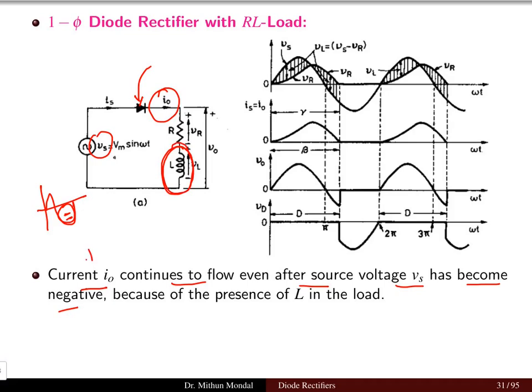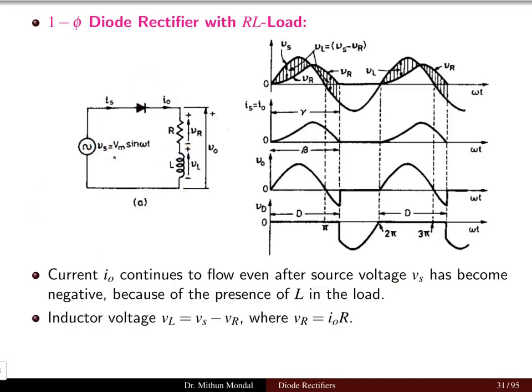So the current I naught will still flow when the source voltage has become negative because of the presence of the inductor in the load. Inductor voltage we can compute: VL is equal to Vs minus VR. The total drop in the resistor is VR and the inductor voltage is VL, and this is equal to Vs. We can apply the KVL equation here and say that VL is equal to Vs minus VR, where VR is equal to I naught into R. I naught is the average current which is flowing in the network.